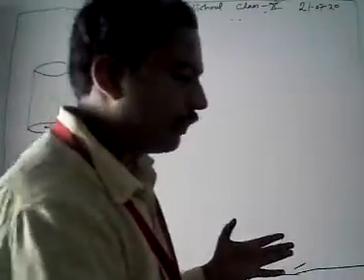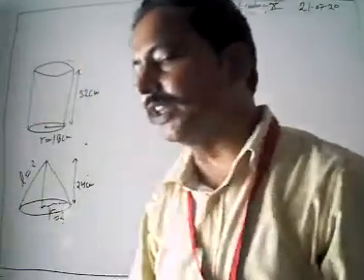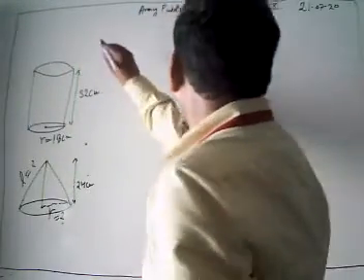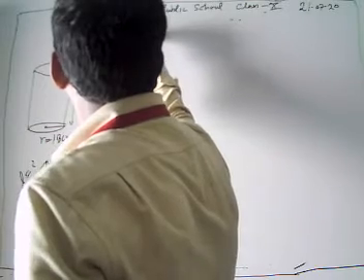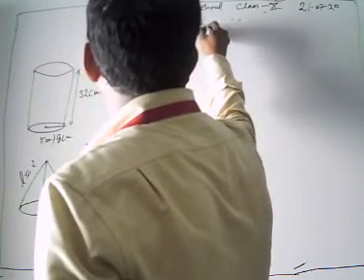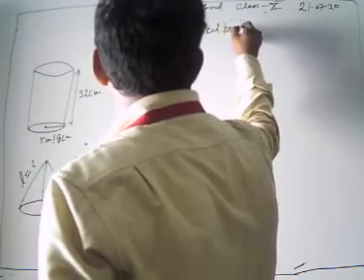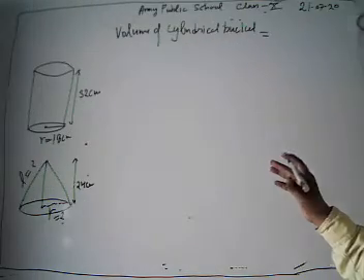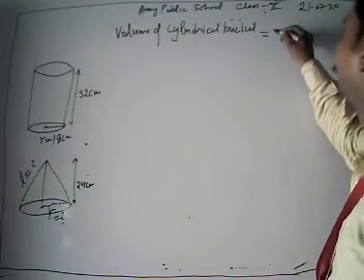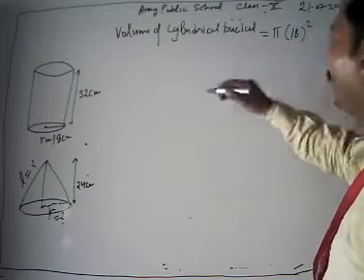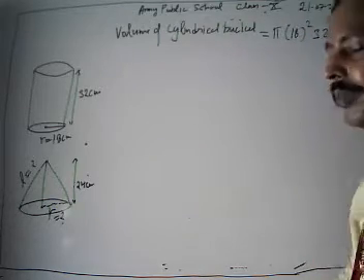Then we find the volume of the cylindrical part, which is equal to the volume of the given cone. What is the volume of a cylinder? It's pi r square h, with h equal to 32.